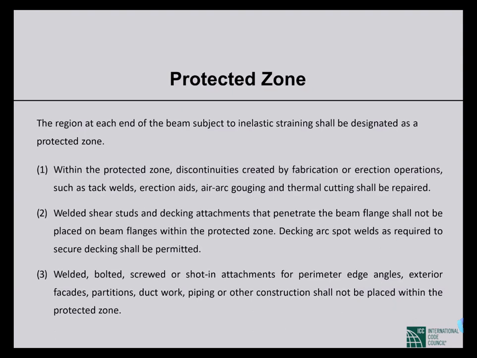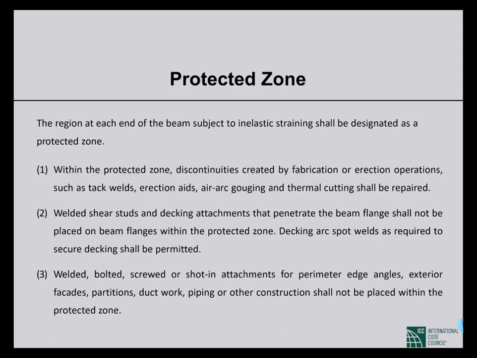There is quite a significant amount of rotation that causes kinks to form between the connection and the column, and that causes inelasticity in the columns. So we want to have a certain amount of protected zone so that the hinges form in the beams, not very close to the connection. That is the protected zone.